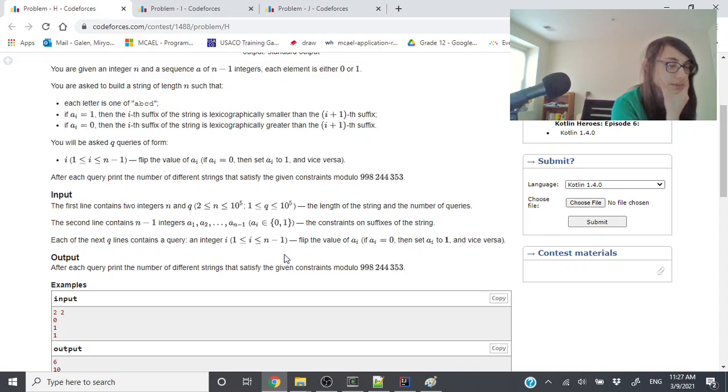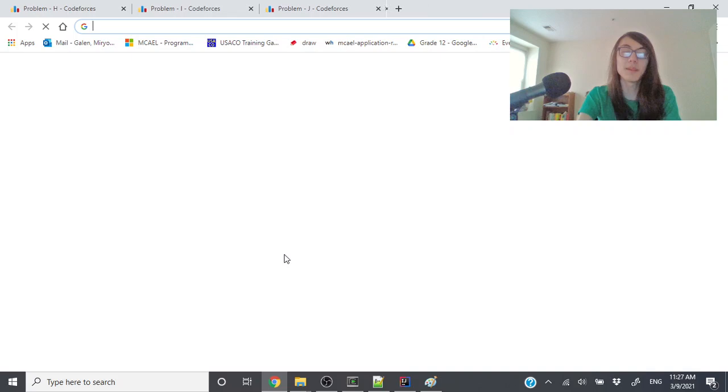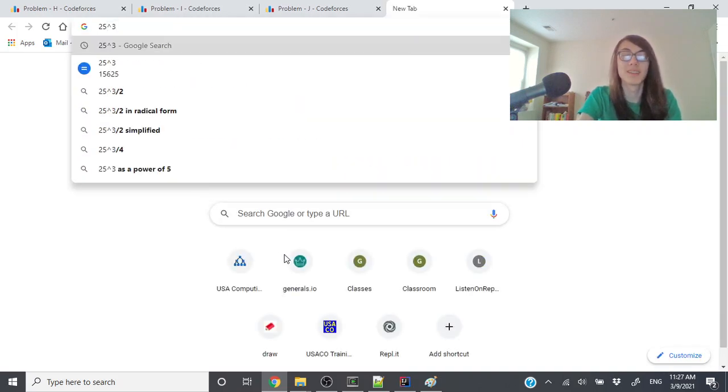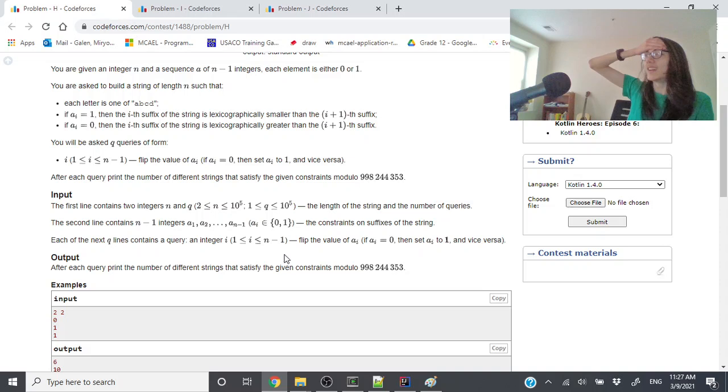So there's a transition from one state to another. How bad is this? How big is 25 cubed? It's going to be worse than O of NQ. That's how it is. It's going to be worse than O of NQ. We can optimize multiplication, but that's not the problem.